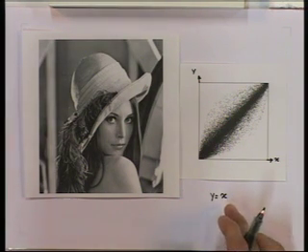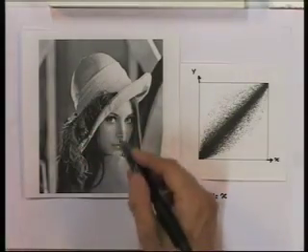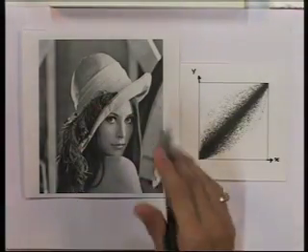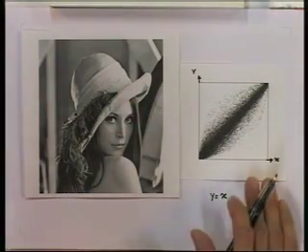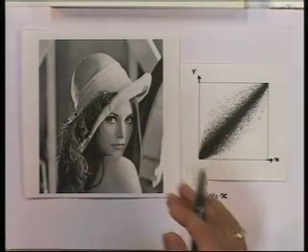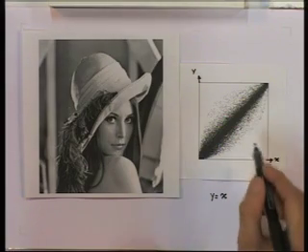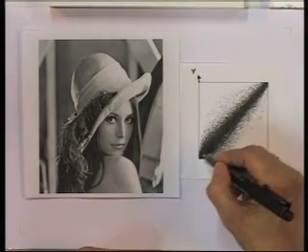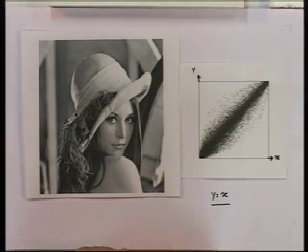The reason for this clustering is that Lena, like most photographic images, consists predominantly of smooth gradients. So, adjacent pixels from a smooth gradient will have similar values, and the corresponding dot on the diagram is close to the y equal to x line.